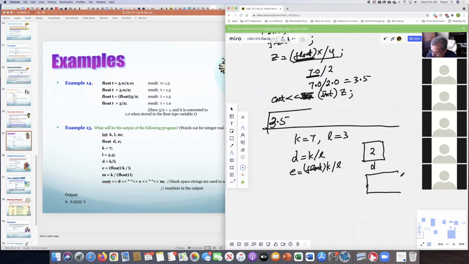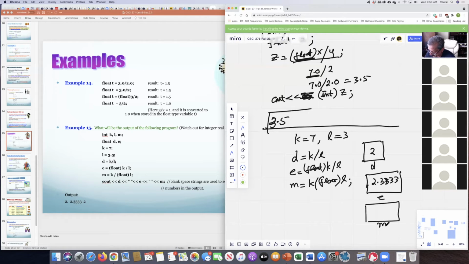So therefore, E is going to have 2.3333. And the next line says M equal to K over float L. So now you're converting the L to float, and only one of them needs to be float to get the right answer. So this is also going to produce the right answer, which is going to be 2.333.